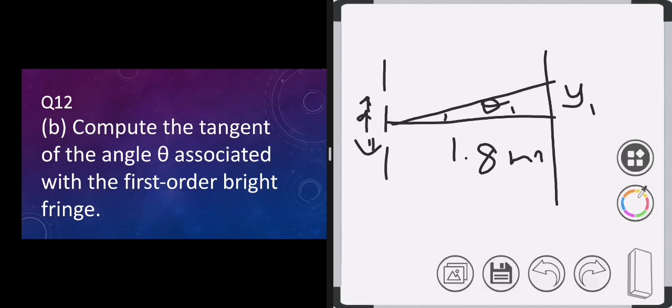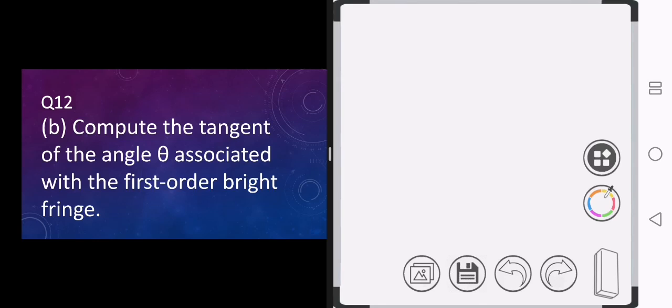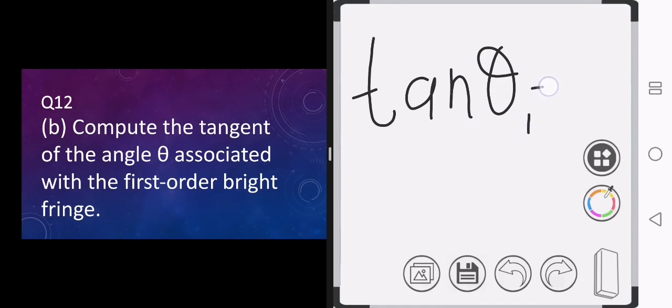Okay, next question is compute the tangent of the angle associated with the first order bright fringe. So I compute the angle, tangent theta 1.